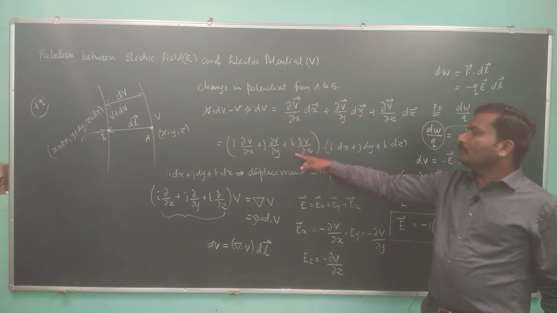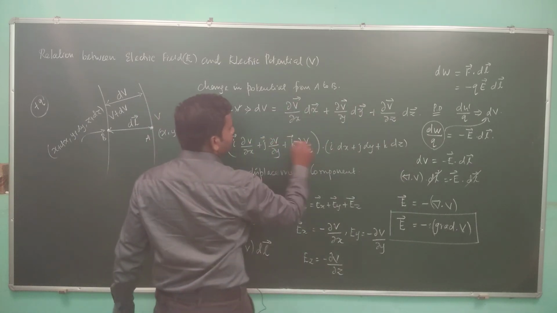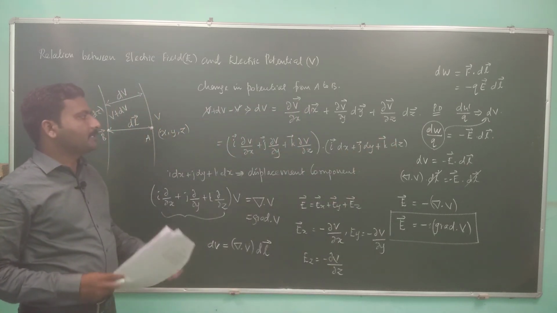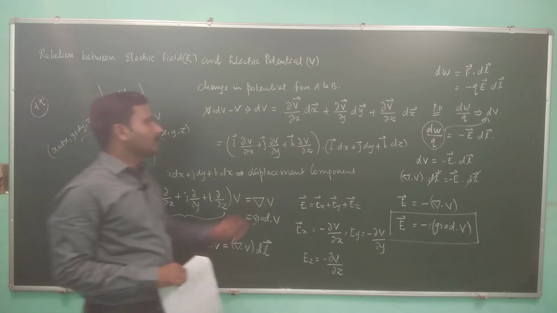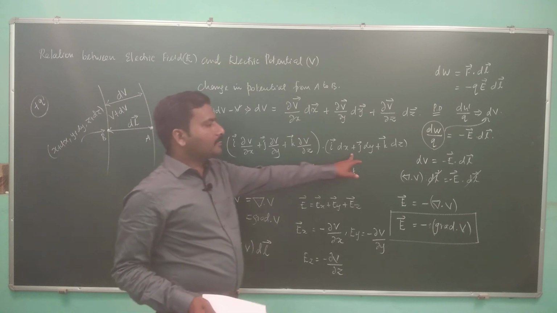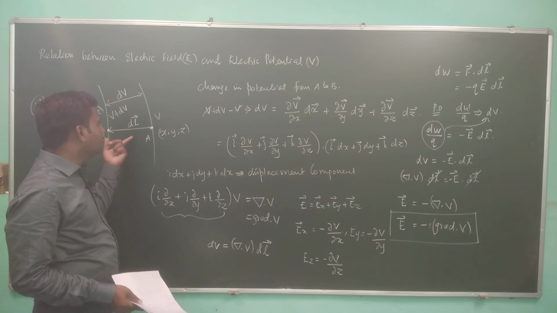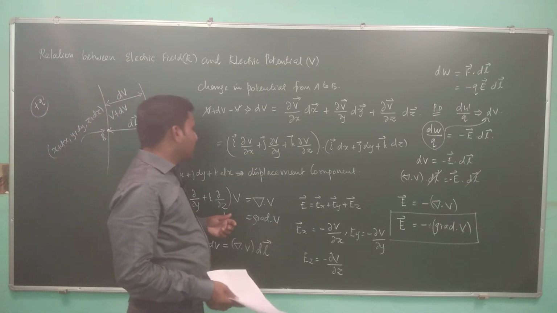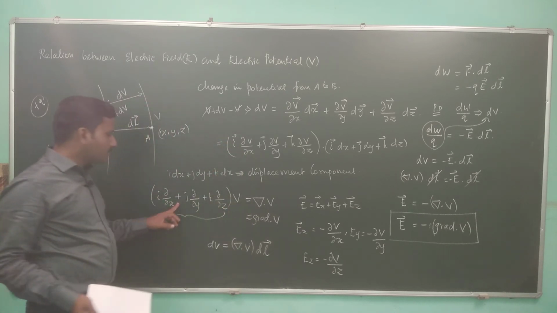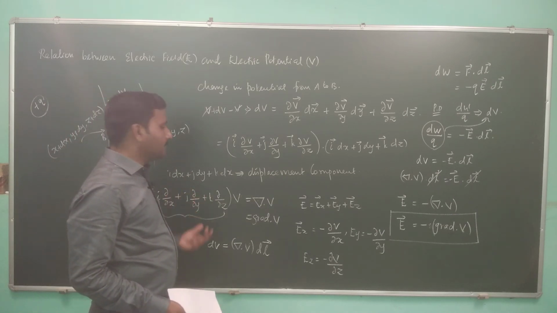You can separate the unit vector components like this, putting the vector notation here: i dou V by dou x plus j dou V by dou y plus k dou V by dou z, multiplied by i dx plus j dy plus k dz, where this is the displacement vector dl moving from A to B. And i dou by dou x plus j dou by dou y plus k dou by dou z is nothing but the gradient, represented by del.